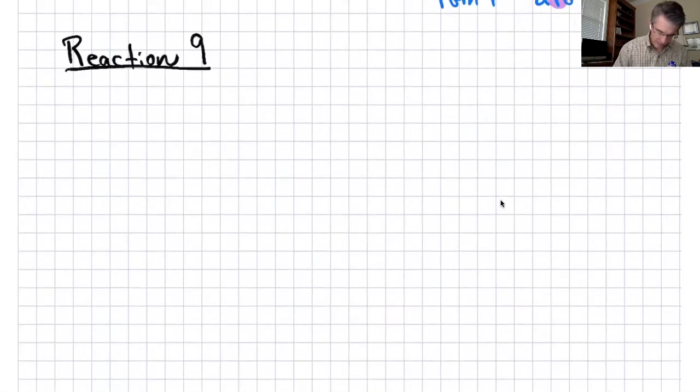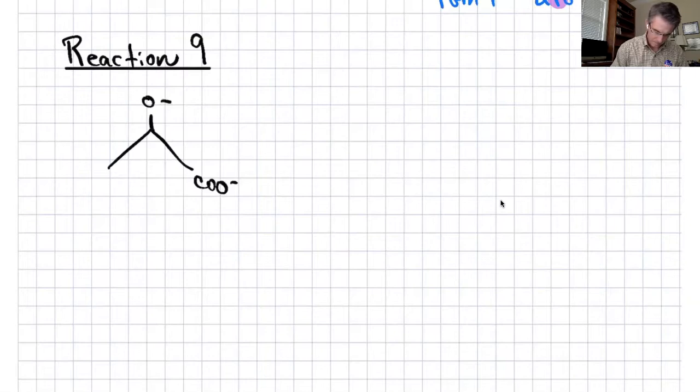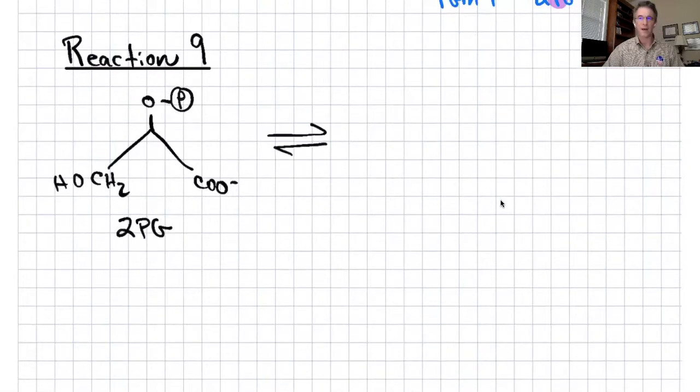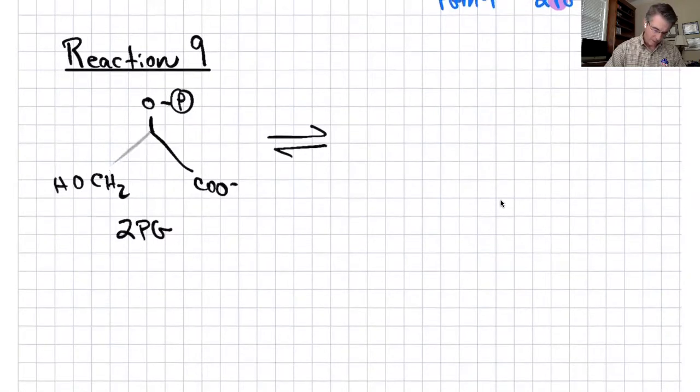in my schema here. We're now going to take that 2-phosphoglycerate molecule, right? There's that phosphate group. So 2PG, right? And we're now basically going to run an alpha beta elimination of water across this bond right here, right?